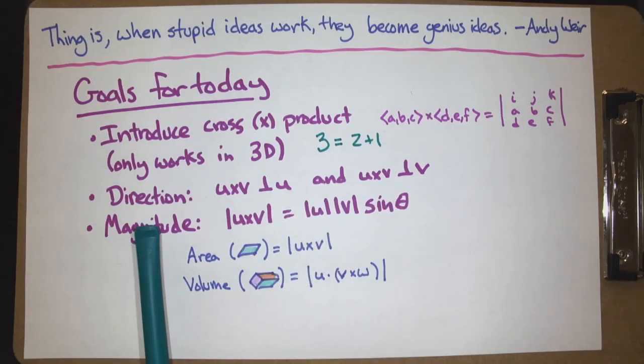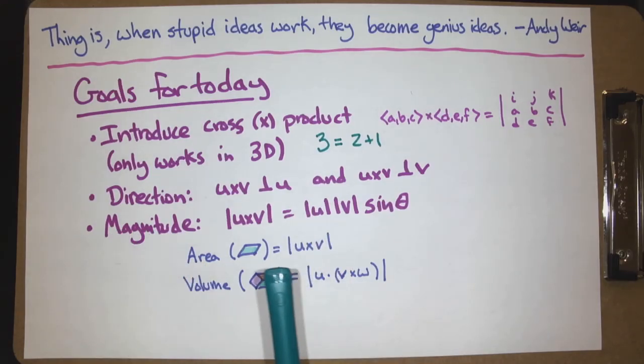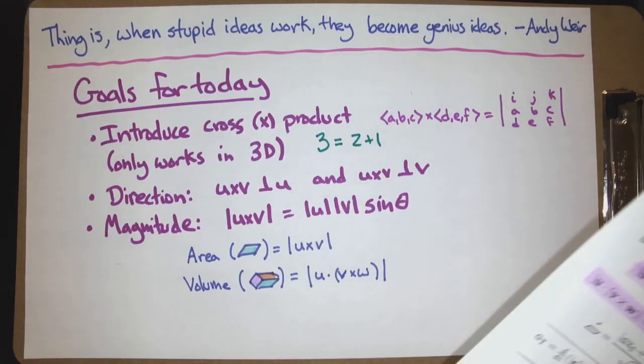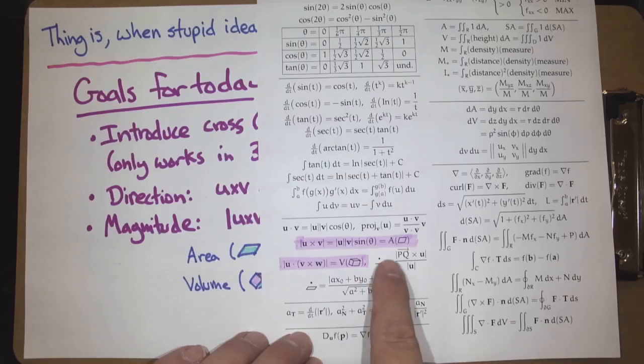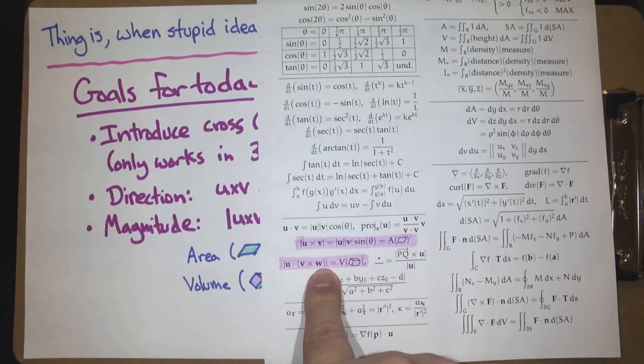It has very nice properties when it comes to direction. So it's going to be our build a perpendicular tool. That's the cross product. Also has some nice applications when it comes to magnitude. So it's related to area of parallelograms, as well as to volumes of parallelepipeds. And I will point out that if you go to your formula sheet, that is on your formula sheet.